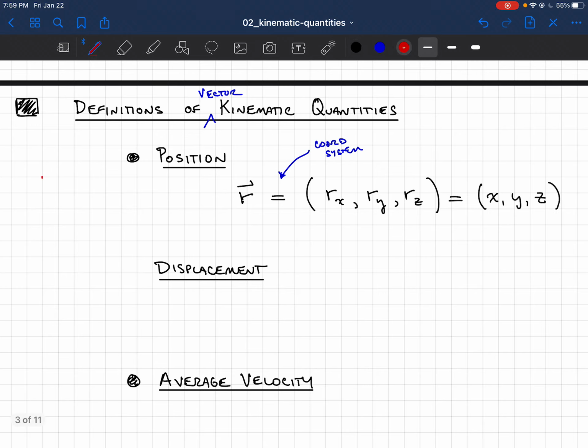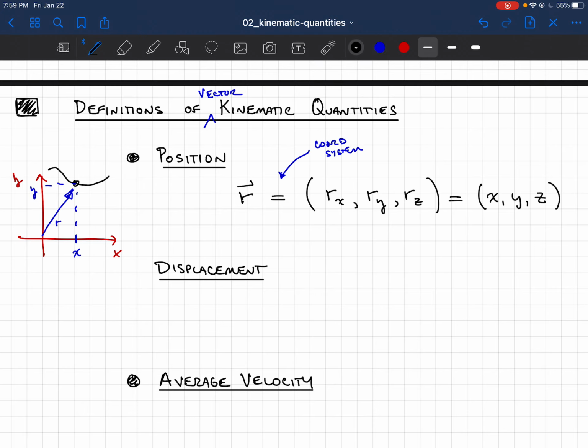If you have a coordinate system here, x and y, then a particle moving through that coordinate system is described by a vector r, and it will have components r sub x, which we just call x, and r sub y, which we just call the y position of it.